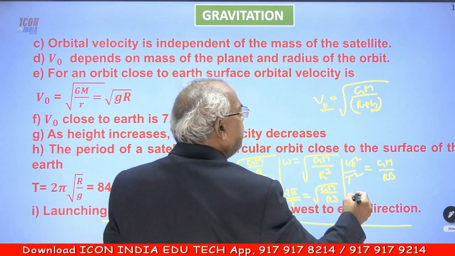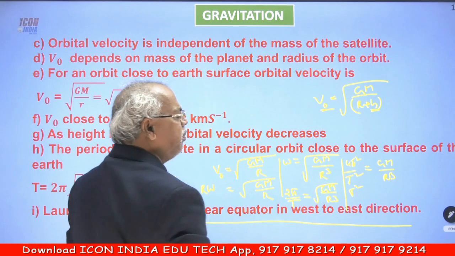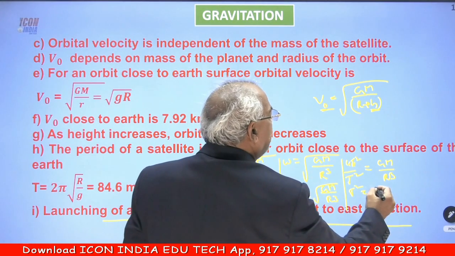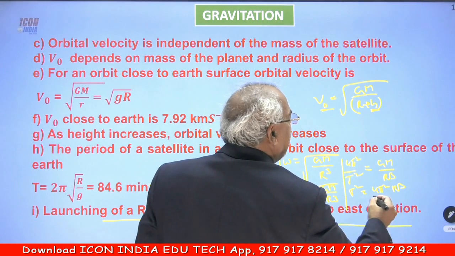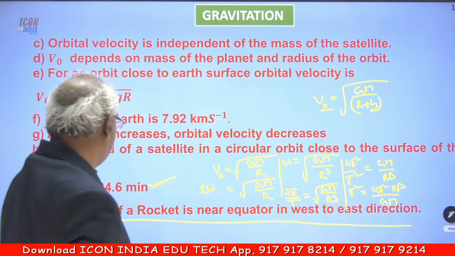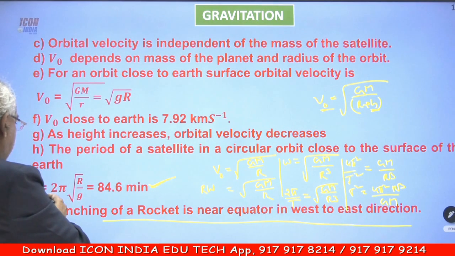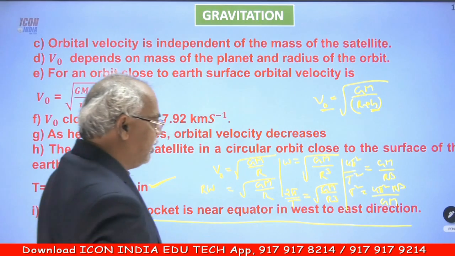Take T square and cross multiply it. T square is equal to 4 pi square R cube by GM.